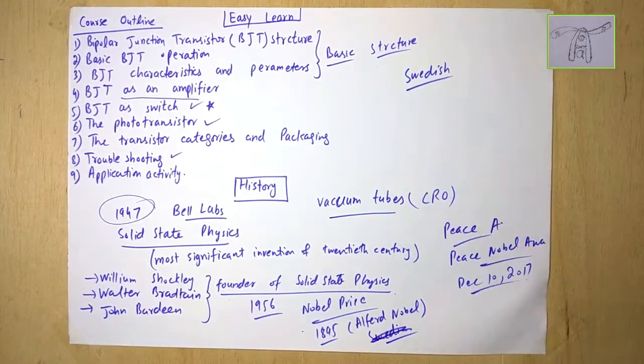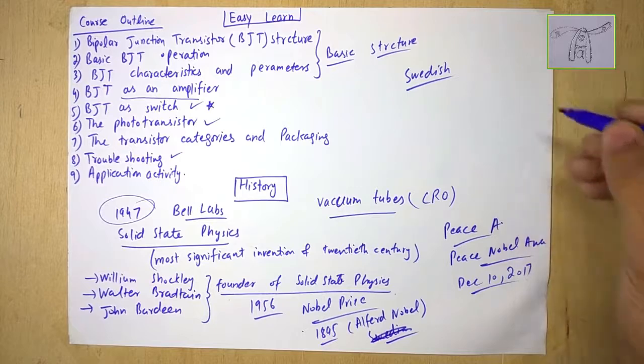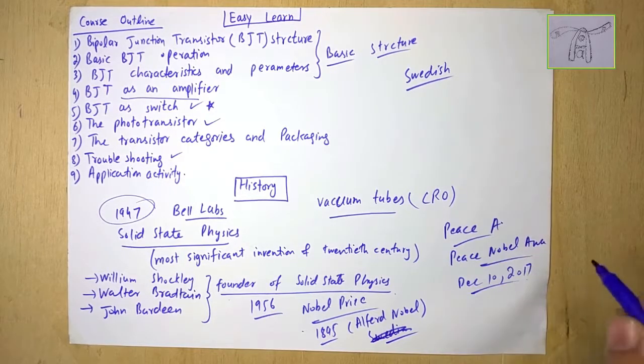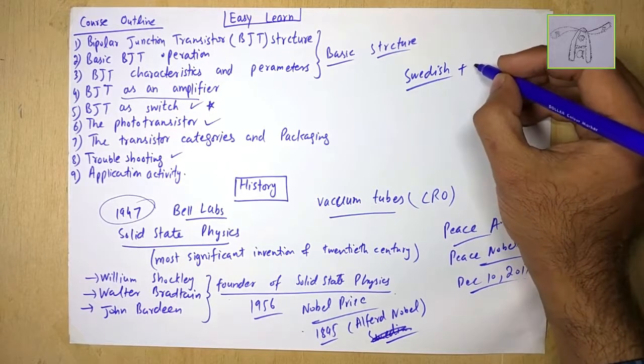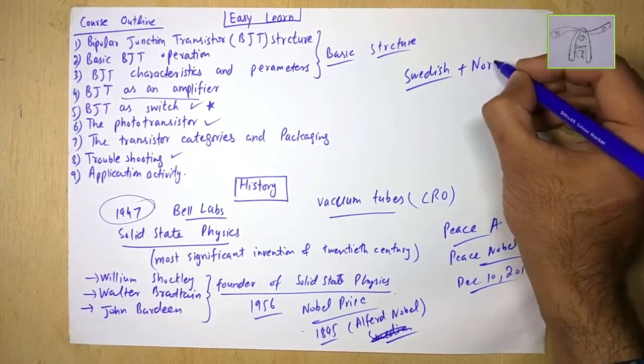The Swedish government basically started the Nobel Prize. Since it belongs to Sweden, the Nobel Prize is given by the Swedish government. But in the case of the Peace Award, it is given by the Norwegian government.